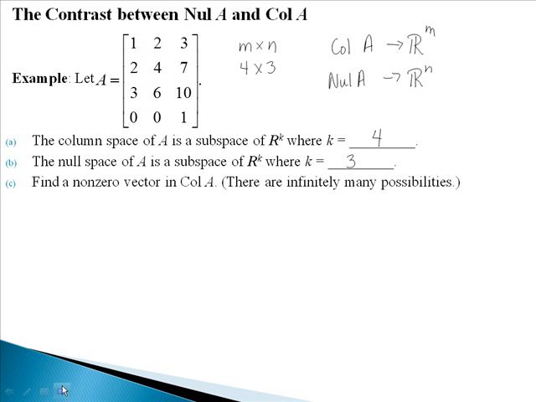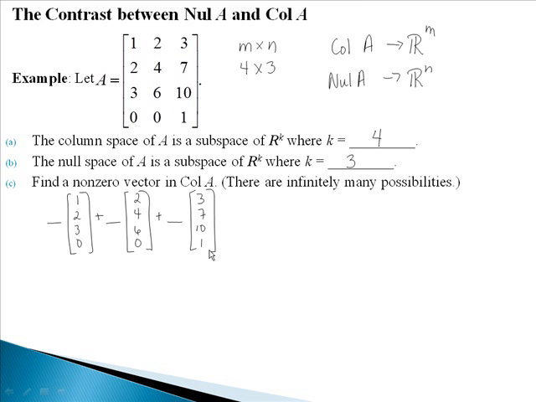Right here we want to find a non-zero vector in the column space of A, and there are infinitely many possibilities. Remember that the column space of A is simply a linear combination of the columns of A. So here I've written the columns of A with spaces in front, and basically to be a linear combination means we're multiplying each column by some scalar and adding them together.